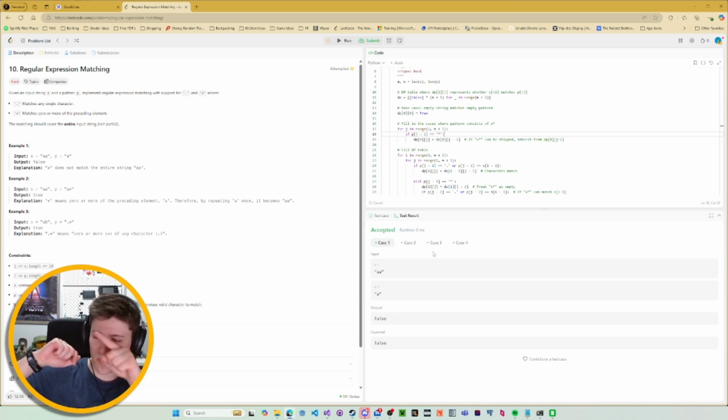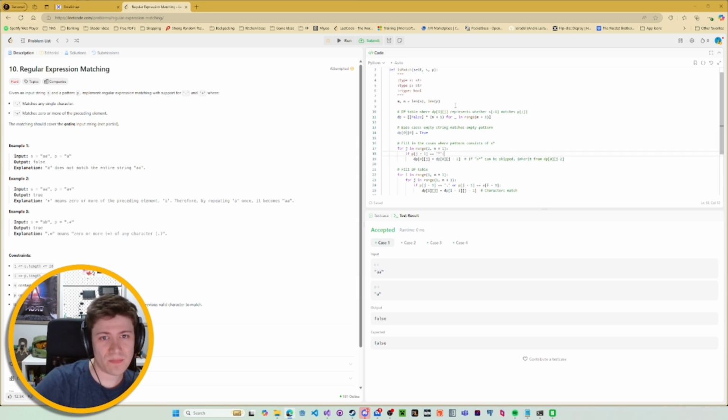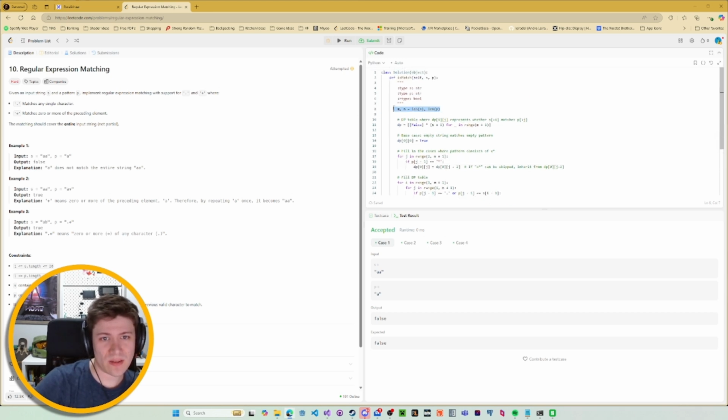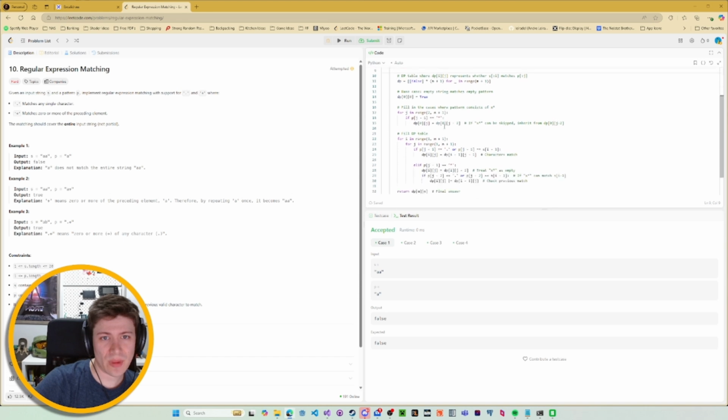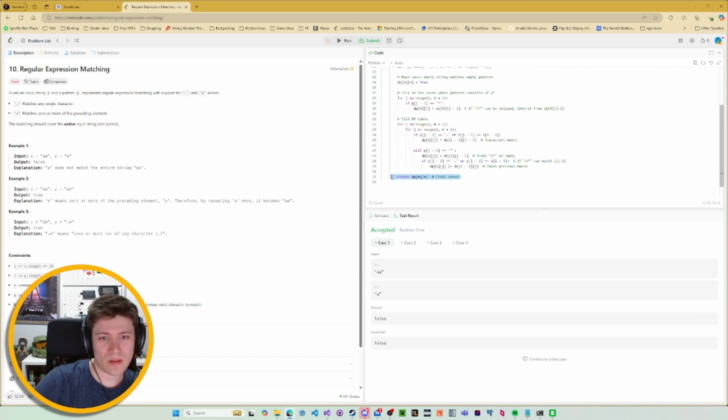We want to make sure that if we have AA and A star, by the end, that's why we have M and N, the length of both of them. And then your final answer is in the bottom right corner.